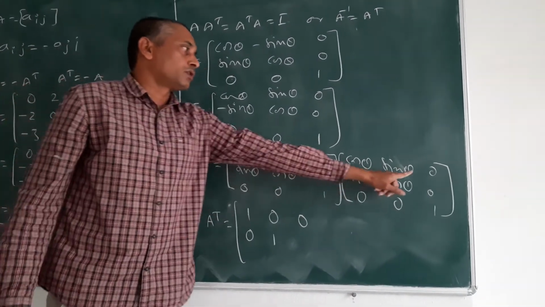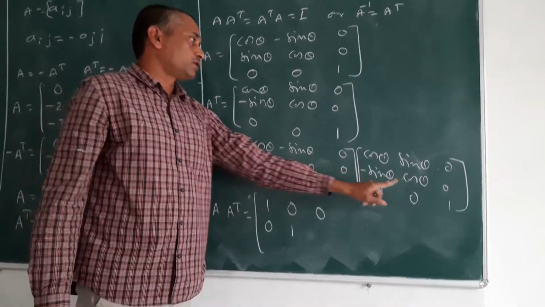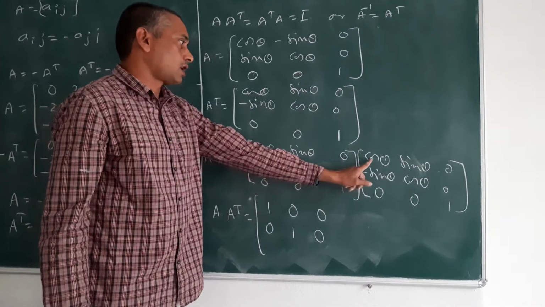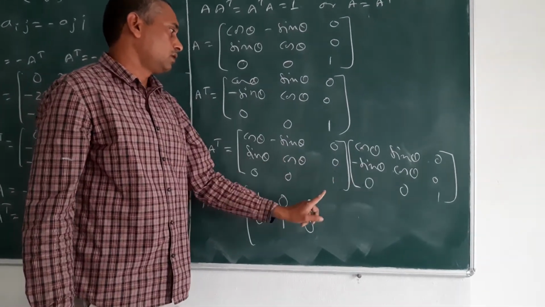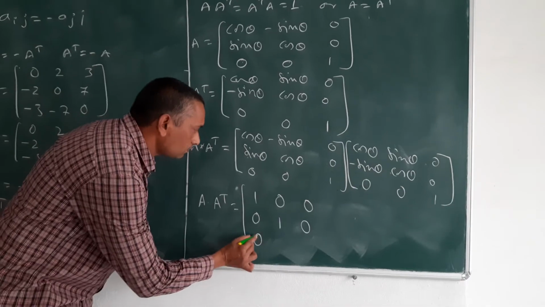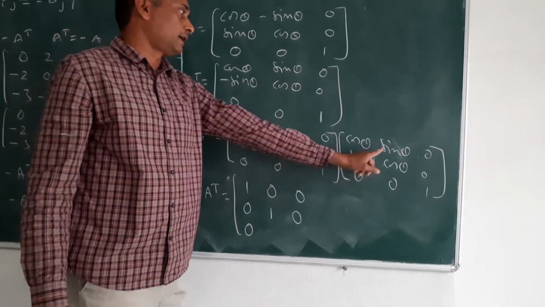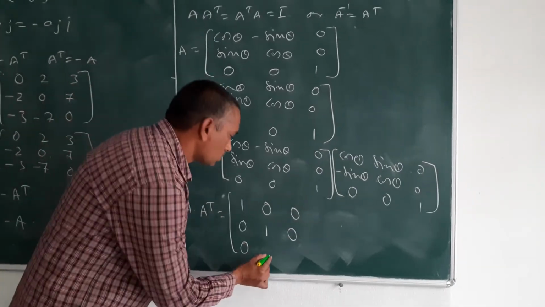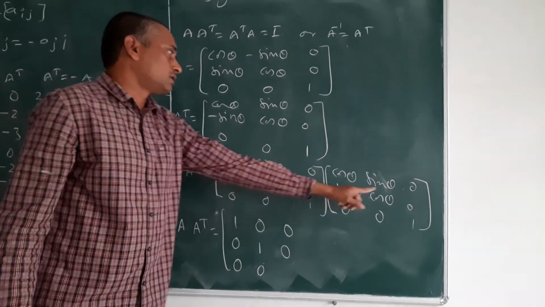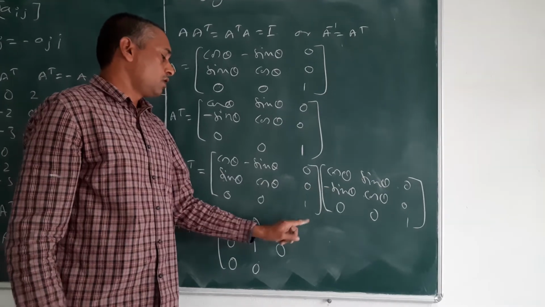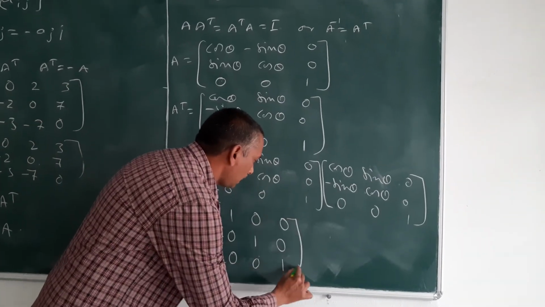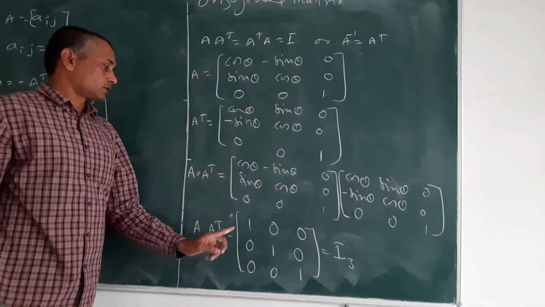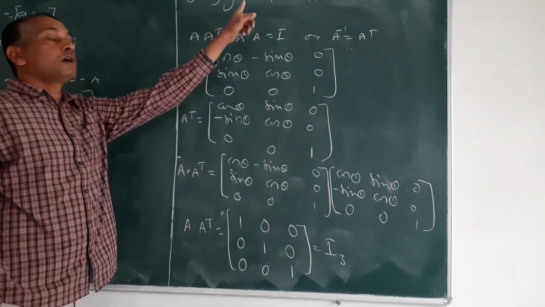The remaining entries, sin theta into 0, cos theta into 0, 0 into 1, and so on, are all 0, and the last entry is 0 into 0 plus 0 into 0 plus 1 into 1, which is 1. So A into A transpose equals I3. So A into A transpose equals I, then it is an orthogonal matrix.